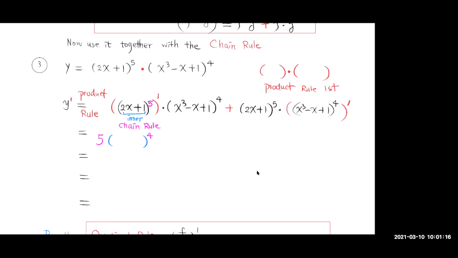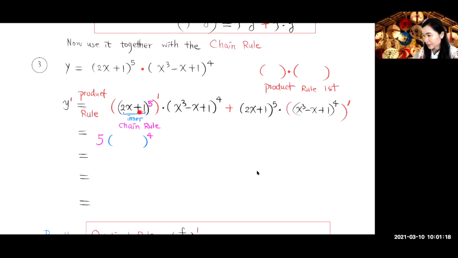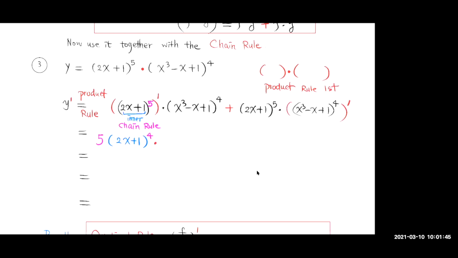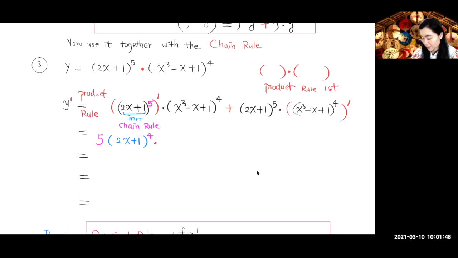So leaving the inside alone, I just copy it down. So it's 2x plus 1. Okay, so we're done with the outer. And then we're going to multiply this with the derivative of the inner. What's the derivative of this inner function with respect to x? 2. Yeah, so times 2. Now we're done with this. Okay, and then we multiply with this.